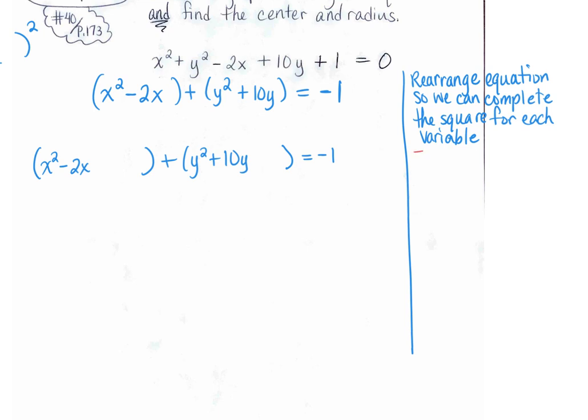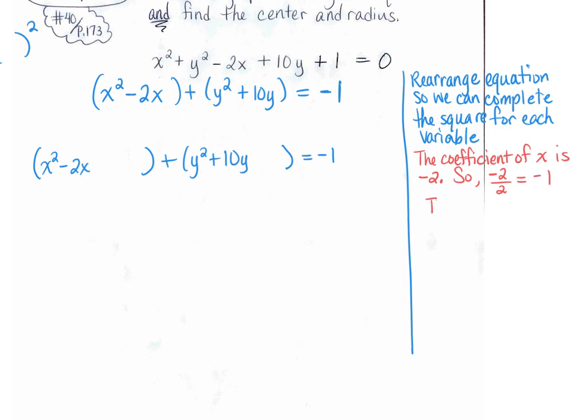So the coefficient of x is what? What's the number in front of x? -2. Good. To complete the square, we take -2 divided by 2. What is that? -1.